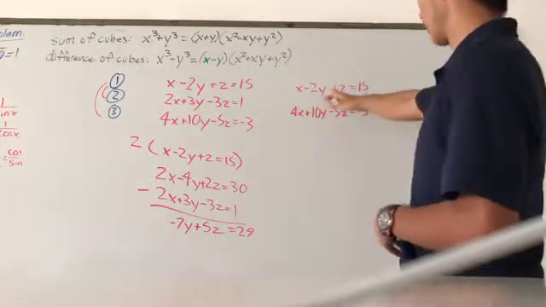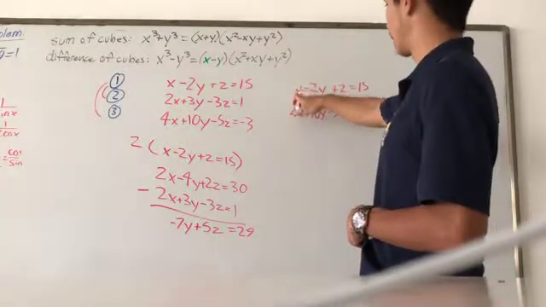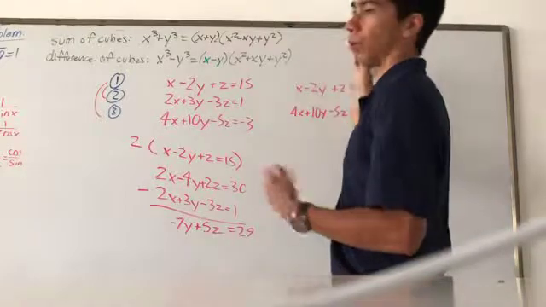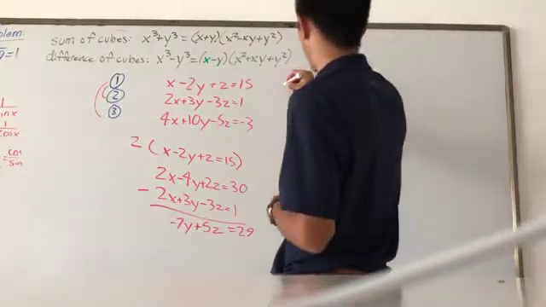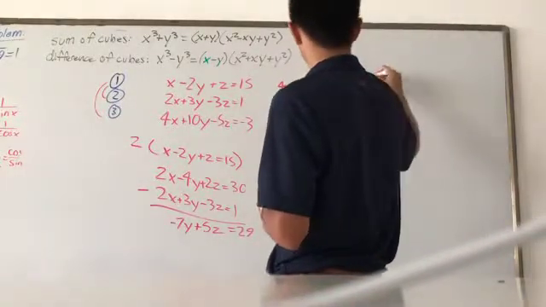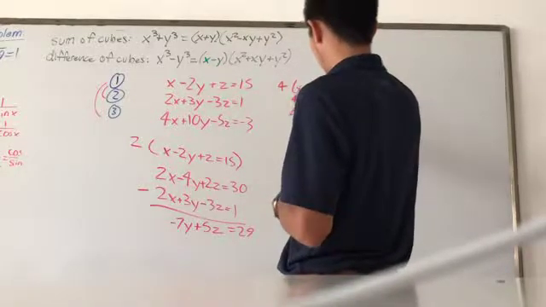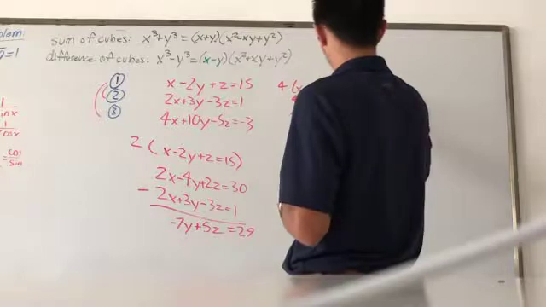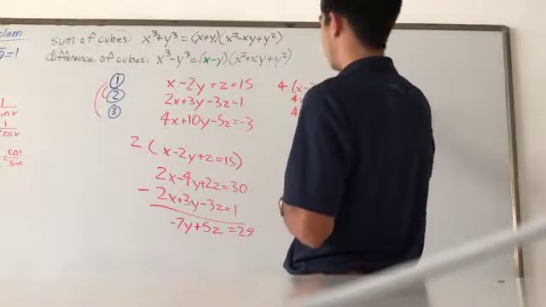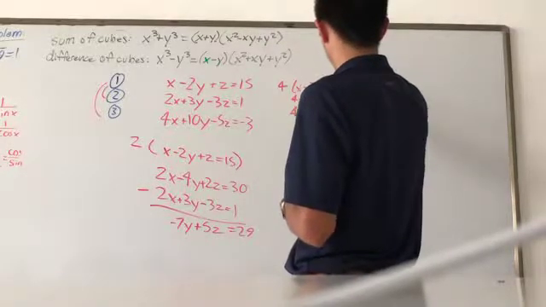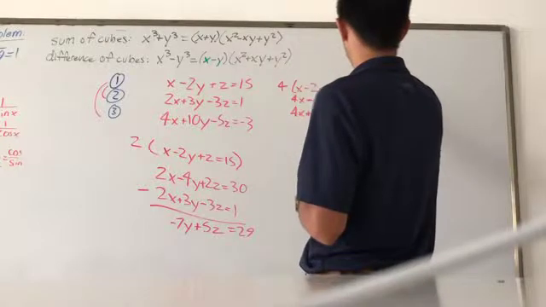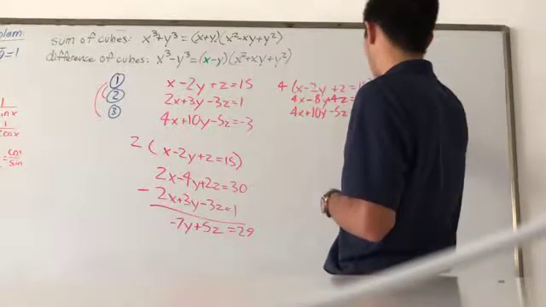So I can see that I'm going to have to multiply to get rid of my x. I need to multiply by 4 here, or negative 4 if you prefer the other way, it doesn't matter. So this is going to become 4x minus 8y plus 4z equals 4 times 15, which is 60.